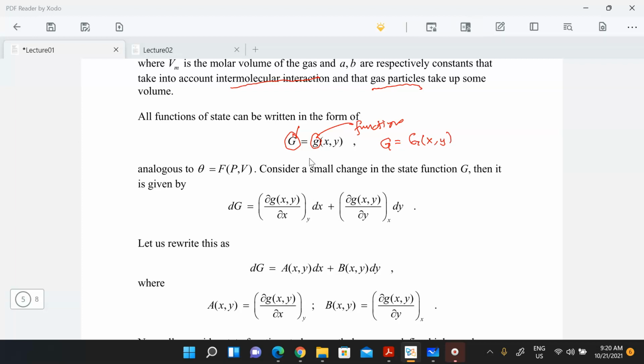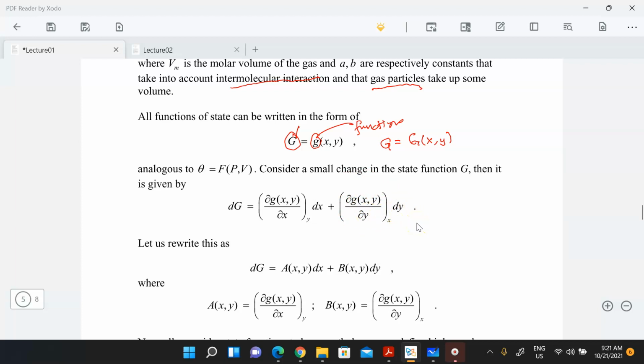So if you try to write the infinitesimal change of that state function, then you can use what you know about partial derivatives and the infinitesimal change of the independent variables. So in this case, you have your partial derivative of small g with respect to your variable x times dx, and then the partial derivative of g with respect to y times dy.